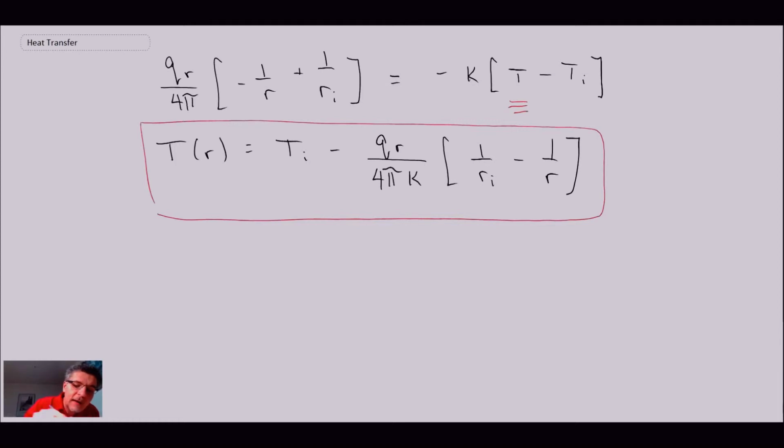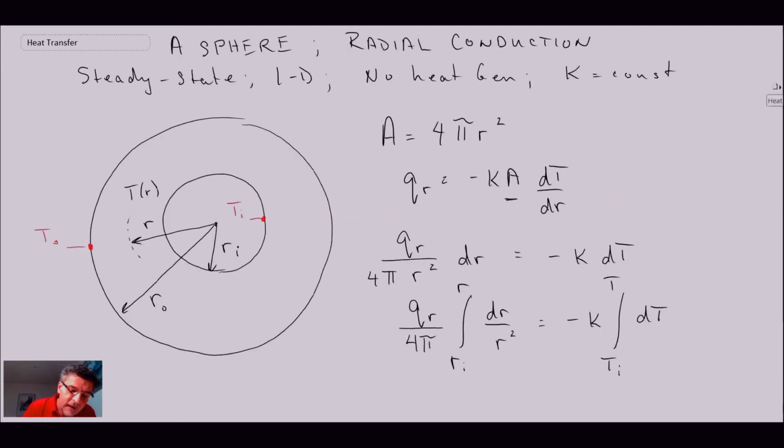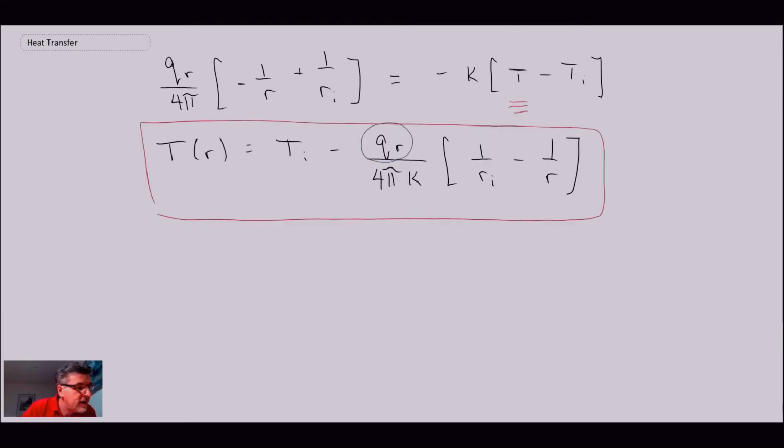Now, like before, we have not finally solved everything, so we still have that heat flux in there. How are we going to get that? Well, we have our boundary conditions. Coming back here, we've used this boundary condition, we haven't used that one. So let's apply the boundary condition.